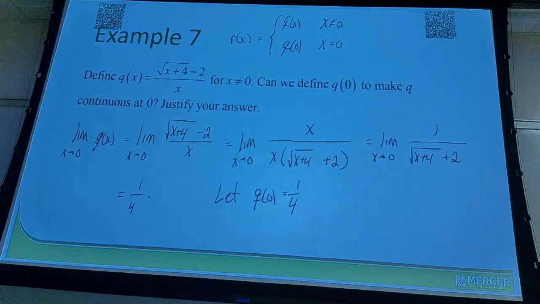So just define Q of 0 real quick. R of x is now continuous.